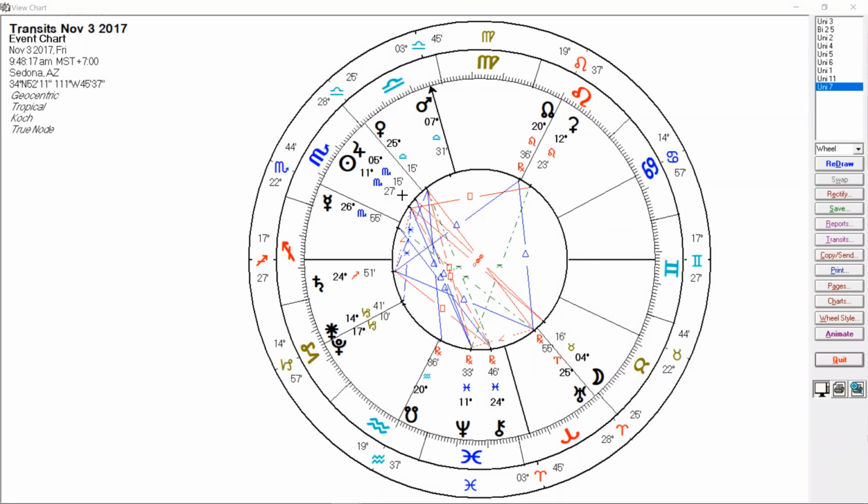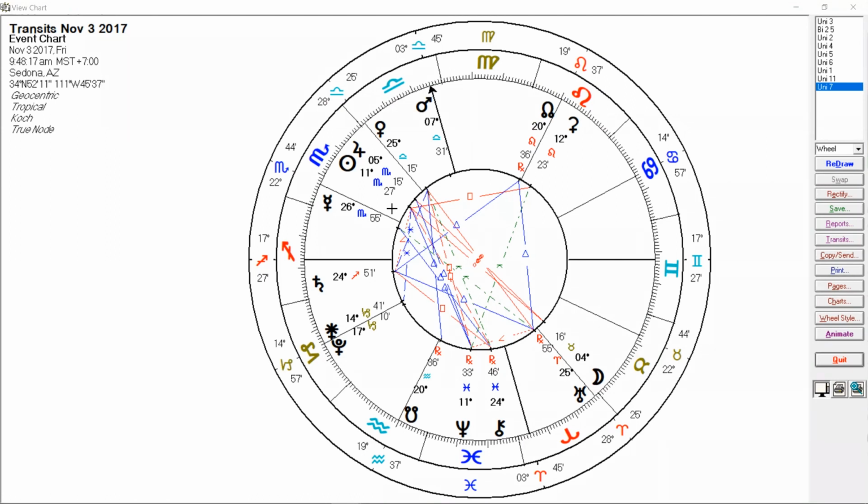So we learn that aspects are not only a flat, one-dimensional configuration. Oh, this person is born on a sun-moon opposition, and they're learning to combine these polarities.